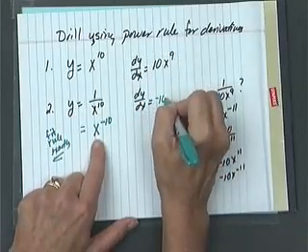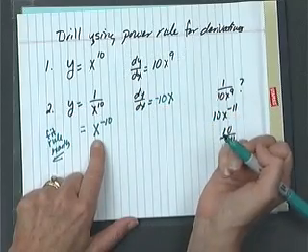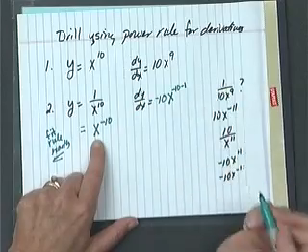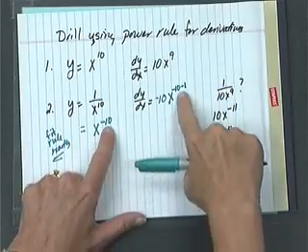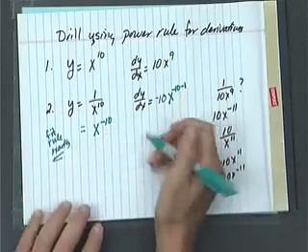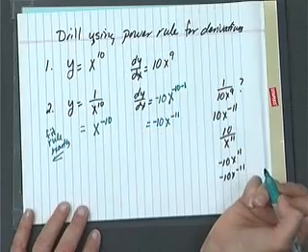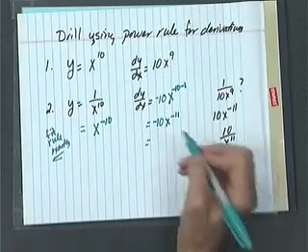We'll bring the negative 10 down in front, rewrite, and I highly recommend that you make fewer mistakes if you write negative 10 minus 1. Actually put that little step in. You brought the 10 down, rewrote, and that exponent is going to be decreased by 1. So you get negative 10 x to the negative 11. And we would like to rewrite these without negative exponents.